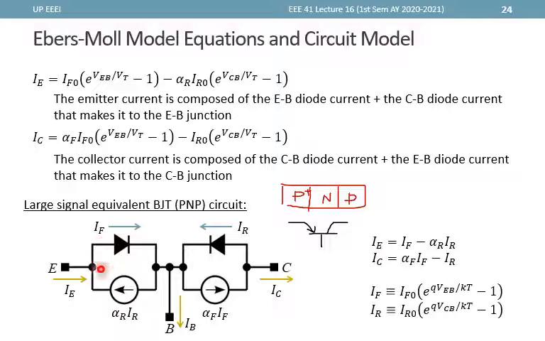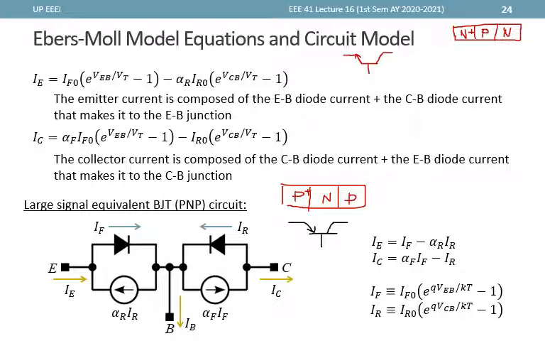And on the same side, there must be opposite directions of the current. So for example, if we draw the Ebers-Moll model for an NPN, let me draw also its symbol here.